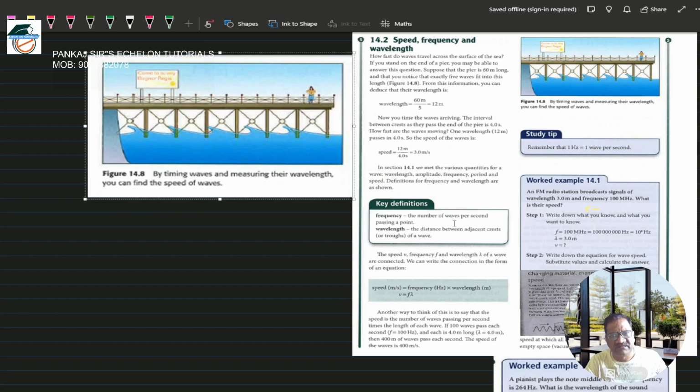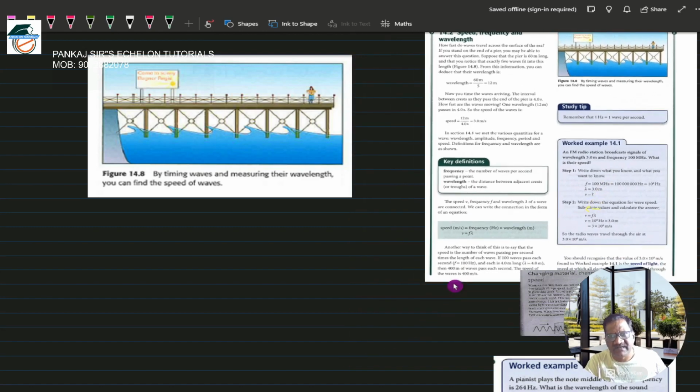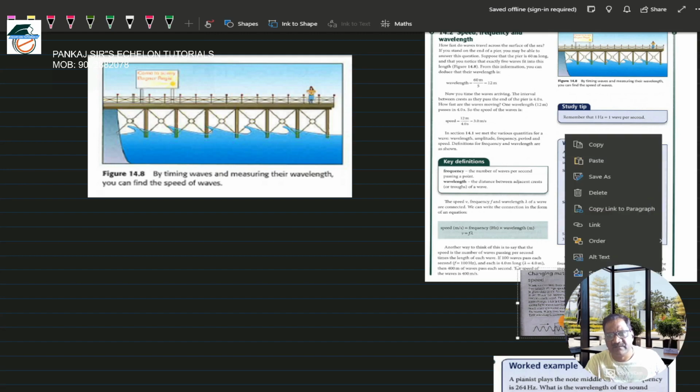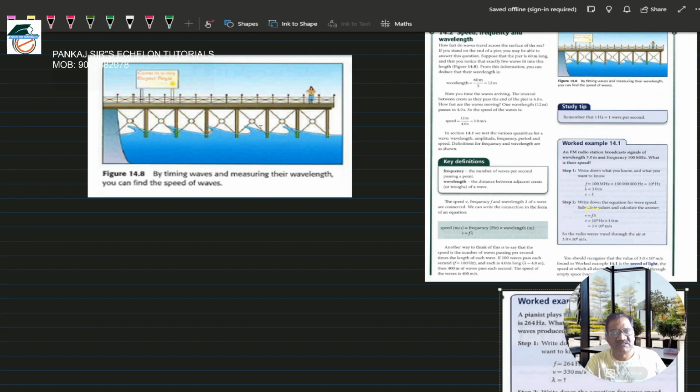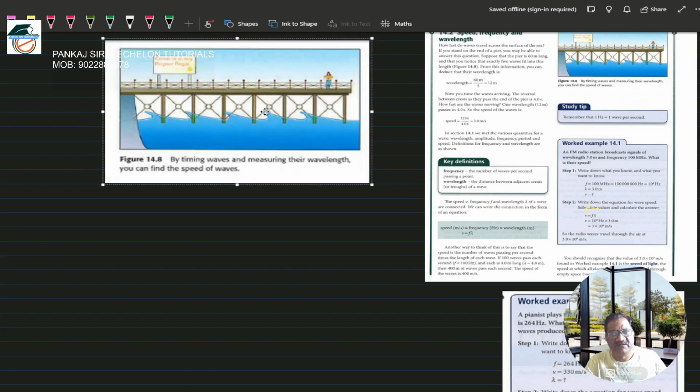Let's zoom it. Now if you want, I will reduce this, because all the writing work I can do for you. So coming to this particular numerical.